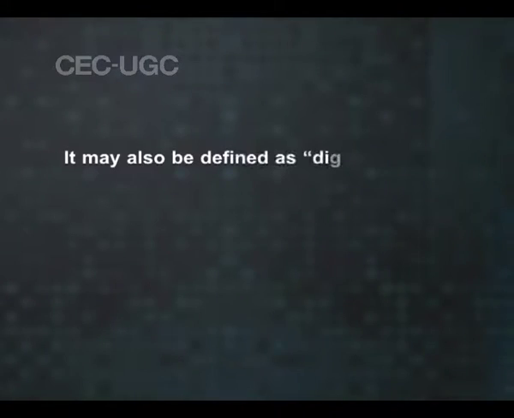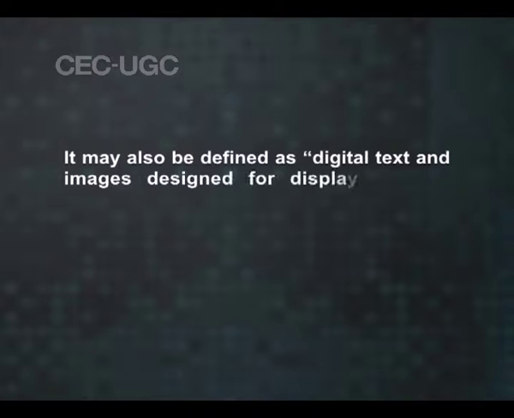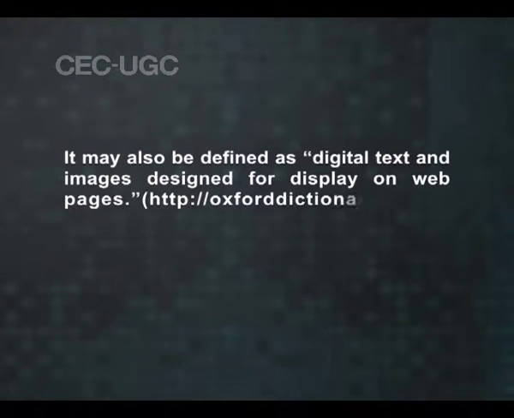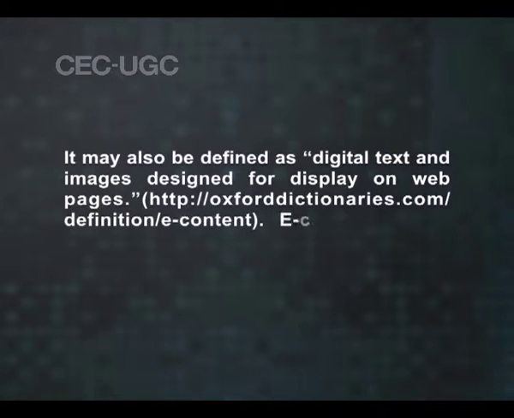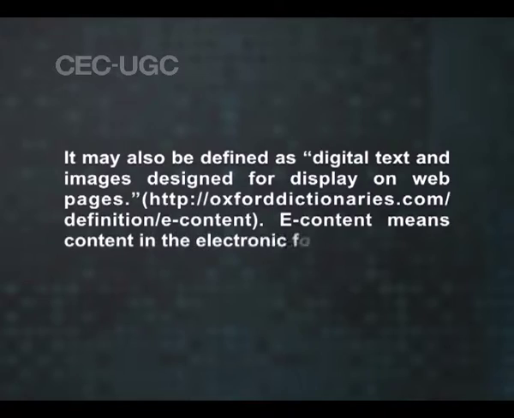It may also be defined as digital text and images designed for display on web pages. E-content means content in the electronic form. It is a combination of text, audio, video, images, and animation with visual effects. Any digitized content that can facilitate the learning process and or learning outcome can be termed as e-content.